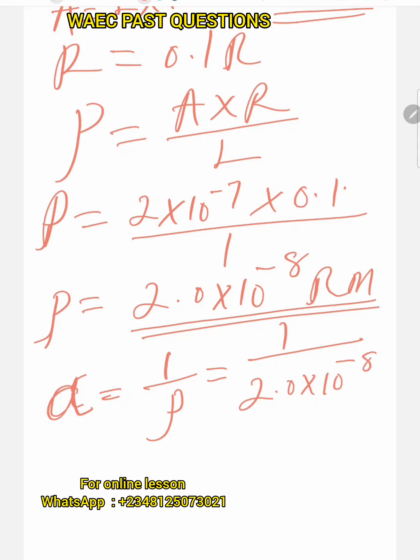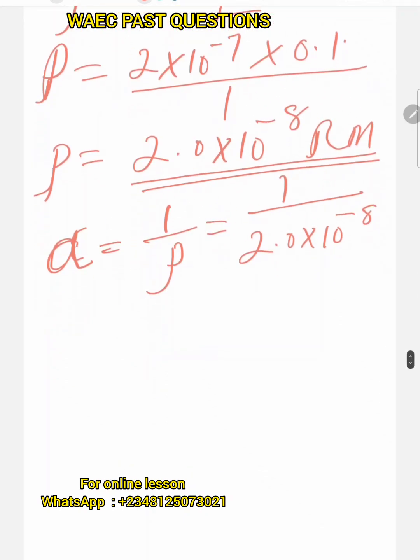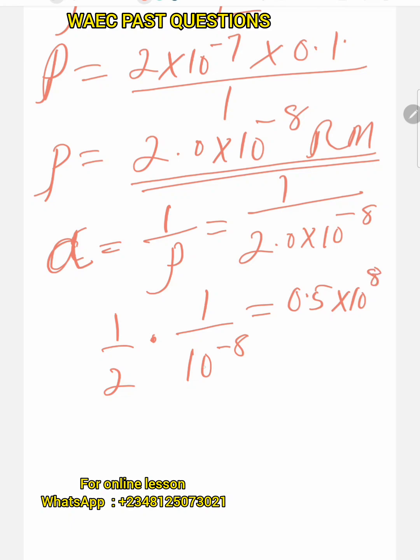If you can use your calculator, straightforward, but if you don't want to make a mistake, simply break it down to become 1 all over 2, times 1 all over 10 raised to the power minus 8. 1 over 2 gives us 0.5, then times 10. The reciprocal makes the negative 8 become positive 8 as you take it up.